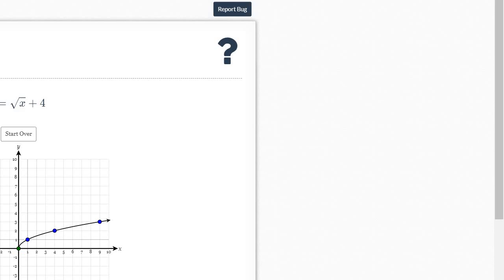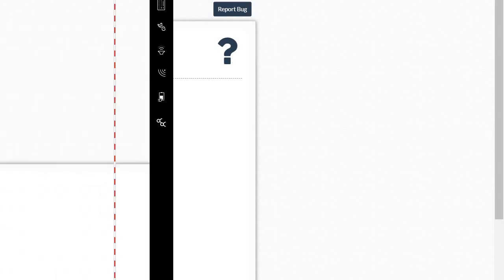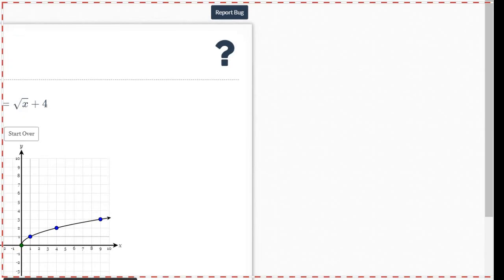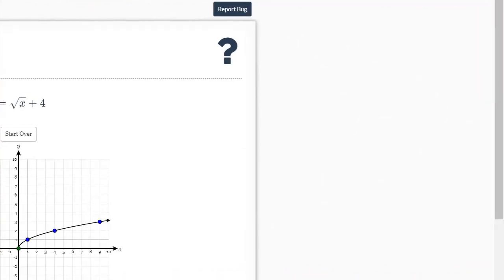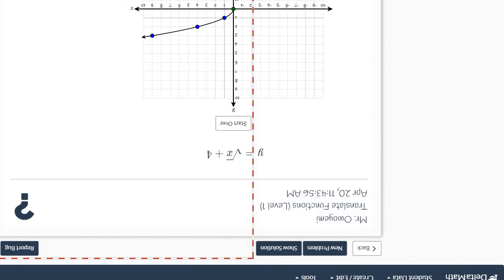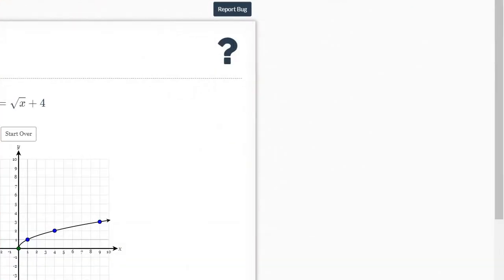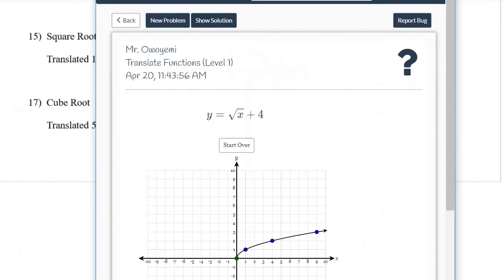Okay, I need to adjust my computer so you can see it very well. Okay, so let's just try to adjust it.